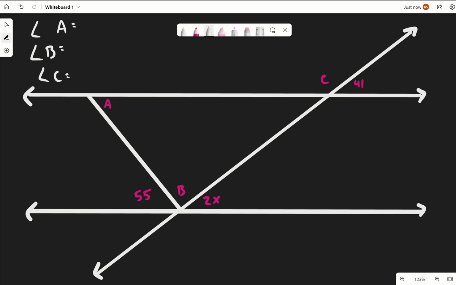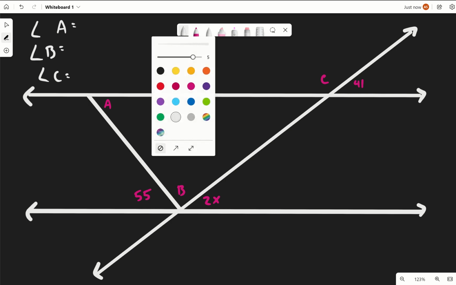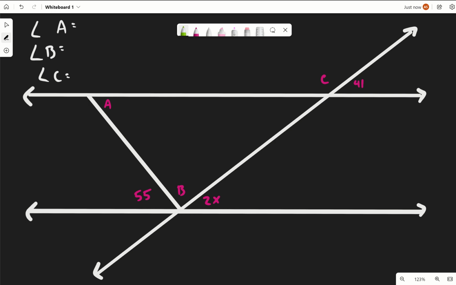The answer is yes, we can. Let's go through and work through how to do this. Let's start with angle C. We know that angle C is obtuse. 41 degrees is the acute angle.